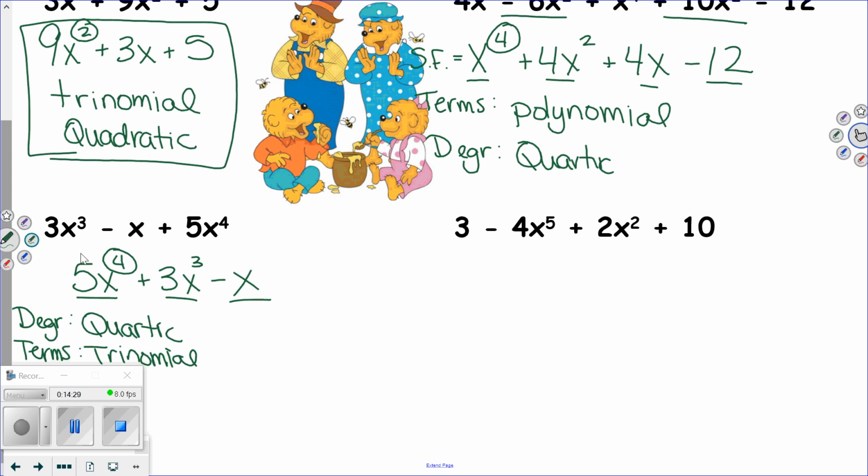It would be problem 4 if I counted them, but I did number them. So it'd be negative 4x to the 5th, plus 10x cubed, plus 2x squared and then plus 13. That's what it should be.